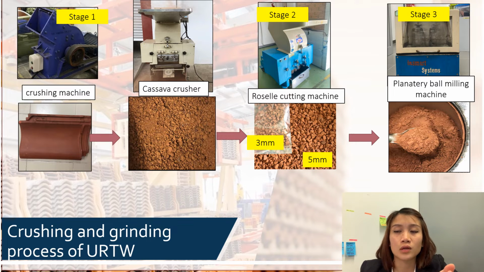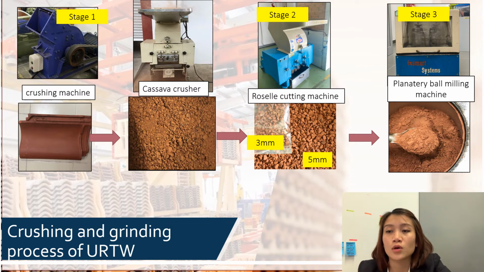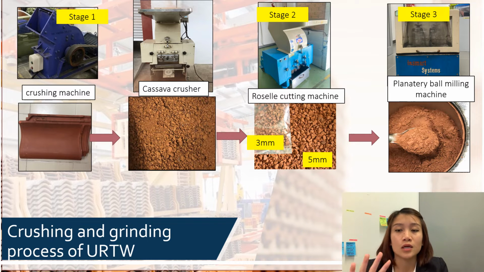So from there, there will be a different parameter for 3 mm and 5 mm for stage 3, where the planetary ball milling machine will finalize the crushing process and produce the RTW which exactly imitates the sand's physical properties.